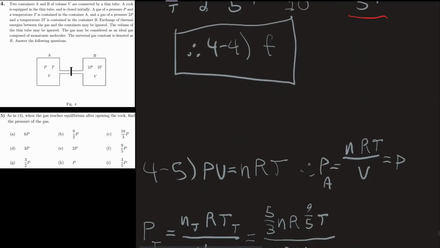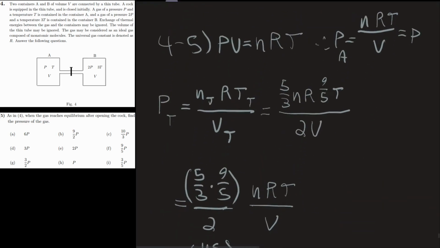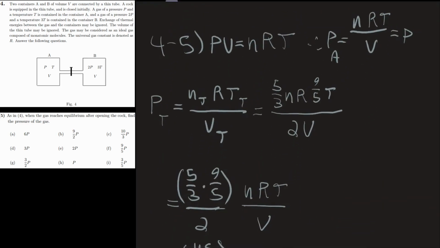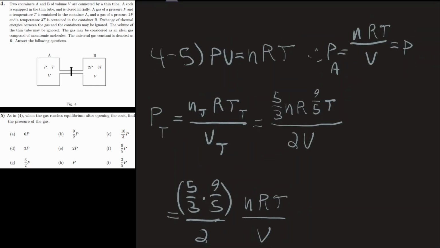And finally is part 5, which says, as in part 4, when the gas reaches equilibrium after opening the cock, find the pressure of the gas. So again, we're just going to use the ideal gas law. We have PV equals nRT. So if we rearrange, you get that P is equal to nRT over V. And of course, for the gas that's initially in container A, we just have nRT over V, and this is equal to the pressure.